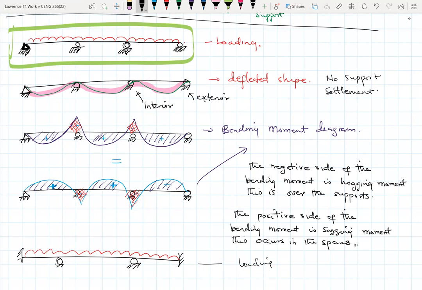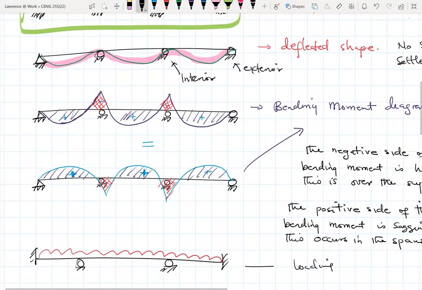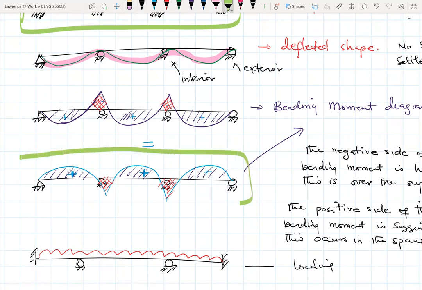And then based on the deflected shape or on the loading, we can draw our bending moment diagram. And then I mentioned that in drawing the bending moment diagram, there are 2 schools of thought on how to draw it. What we are used to is that the positive phase of our bending is upwards, and then the negative components are downwards. So typically we use this approach right here.